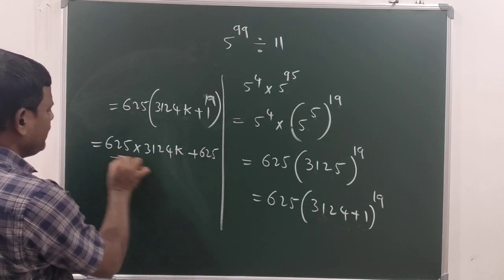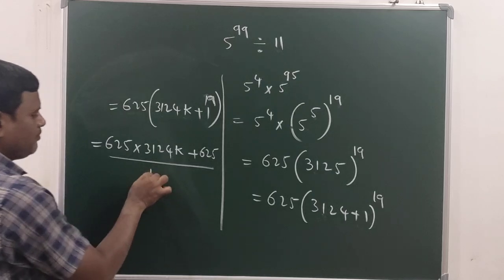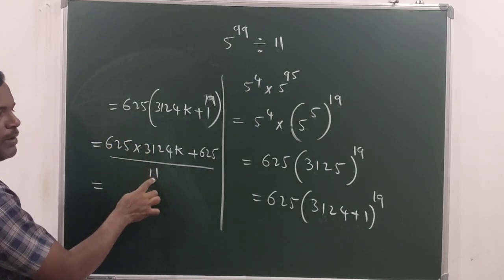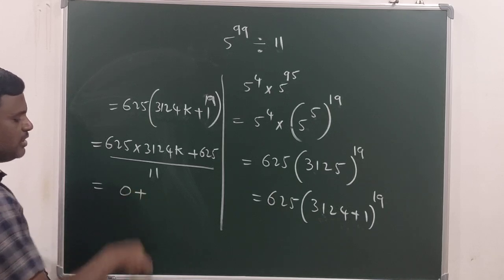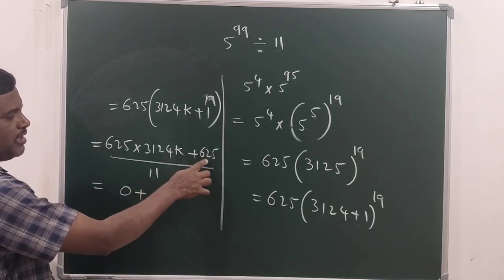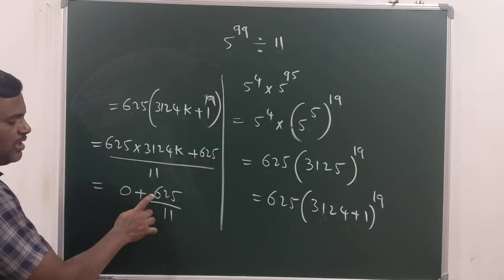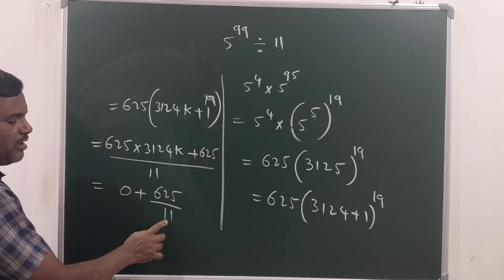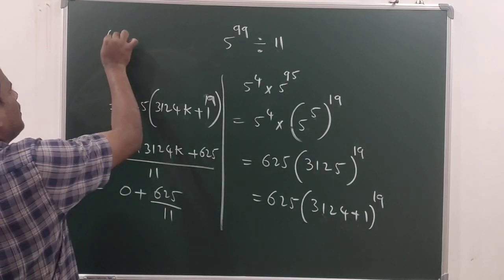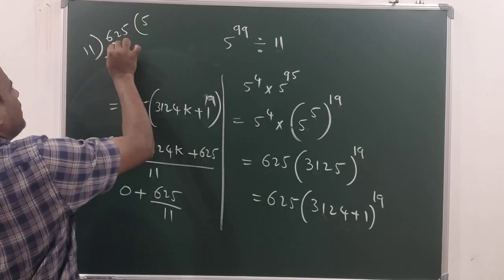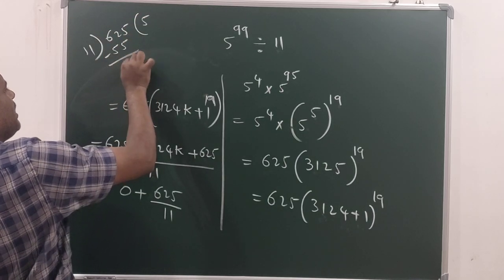Now we have to divide by 11. If you divide by 11, the first term is exactly divisible by 11, so you can write the remainder 0 there. Now divide 625 by 11. What is the remainder when 625 is divided by 11? 11 5s are 55, remainder is 7.